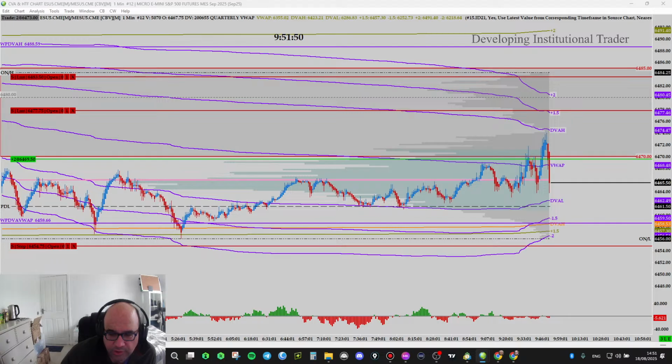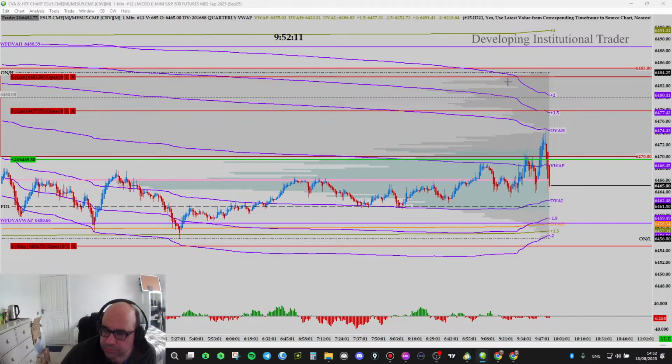But we see everything's getting absorbed at the minus 5K now. Yeah, sellers are continuing the pressure, but the previous day low and the DVA low holds. So let's see if it's gonna continue to hold.